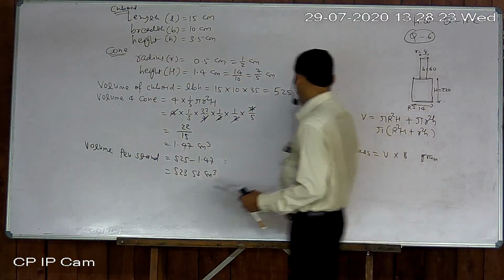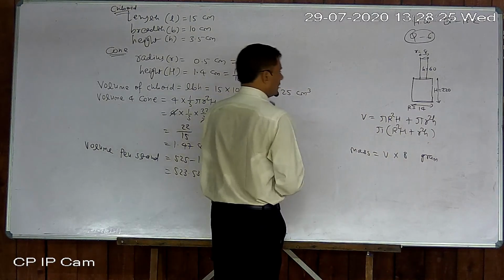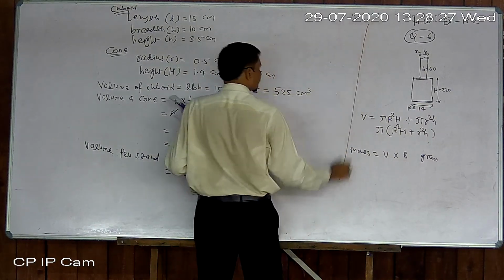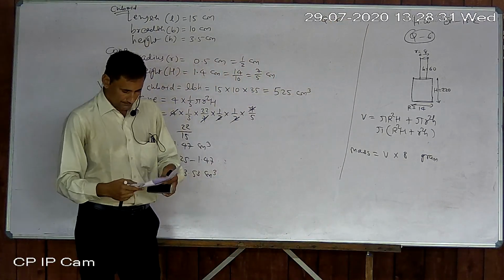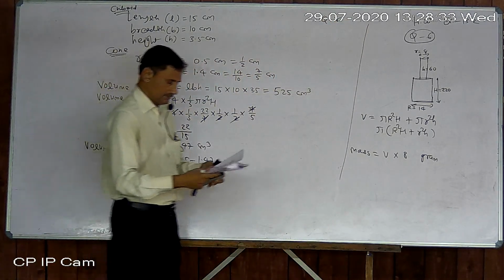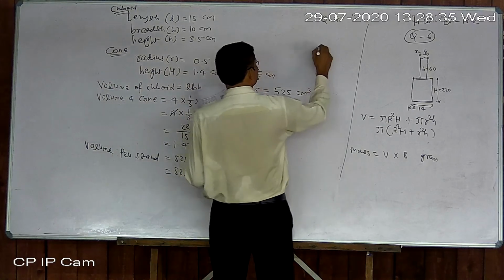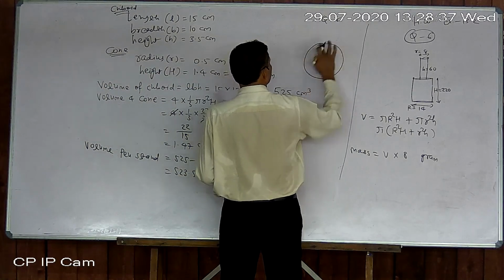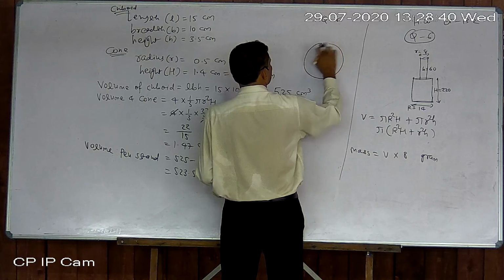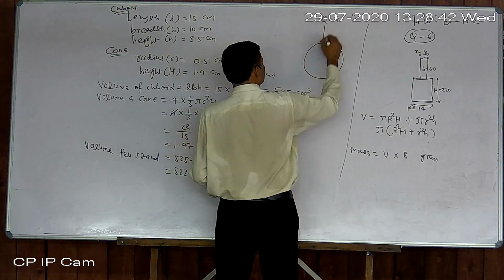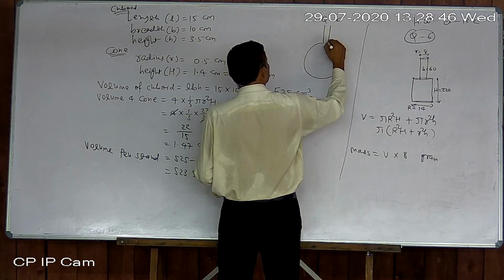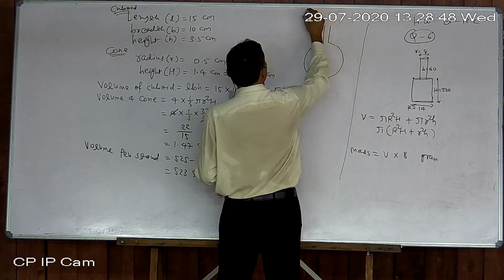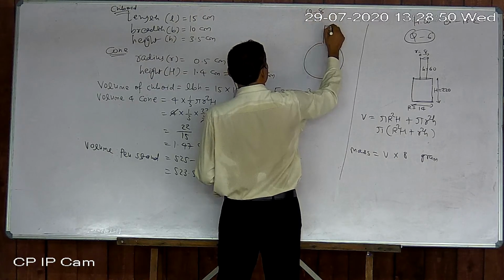Now look at number 8. Here also a spherical vessel, but having a neck. A cylindrical neck also. From the same exercise, we are finding the second one. Okay.